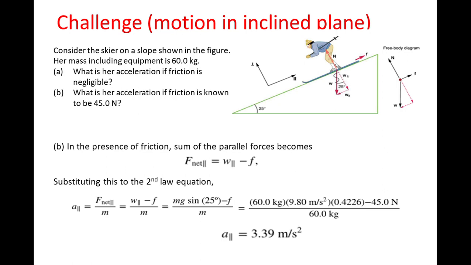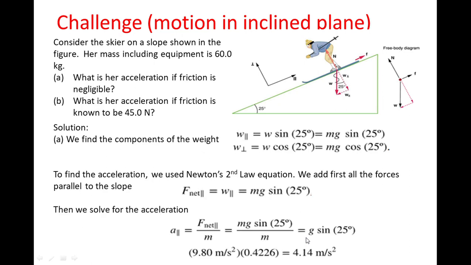When we substitute this into the second law of motion and solve for the acceleration, this will give us 3.39 meters per second squared, which you can notice is lower compared to the acceleration of the skier in the case where the friction is negligible.